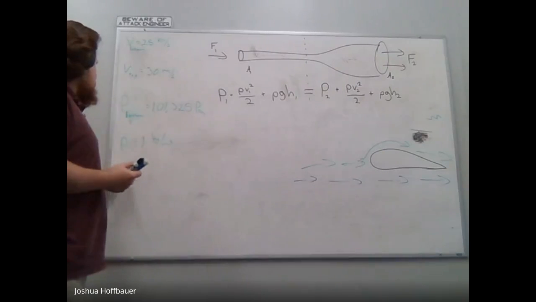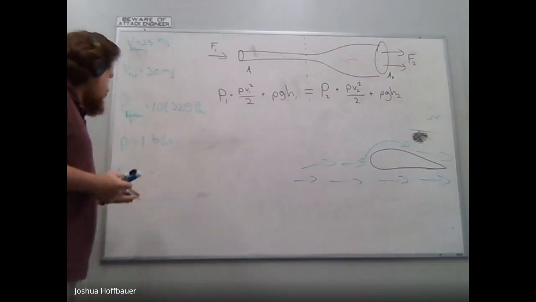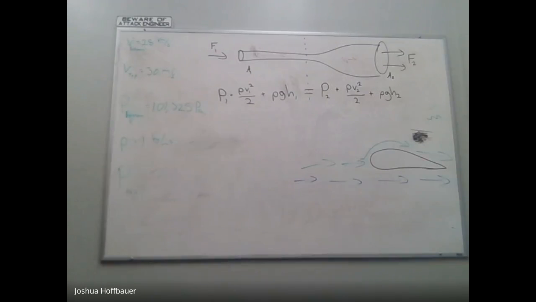The thing we are asked to find with all of this information is, what is the air pressure on top of the wing? So we know the difference in velocity of the air on the top and bottom of the wing. We know the pressure on the bottom of the wing, and the air density. We want to know the air pressure on top of the wing.